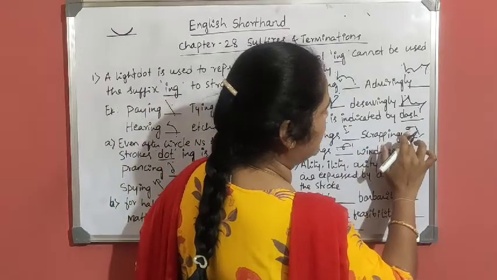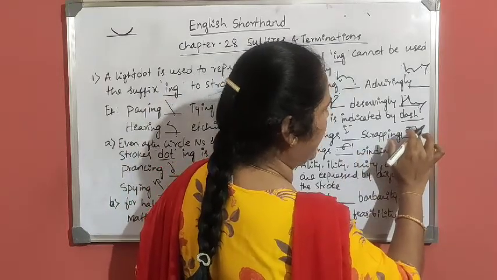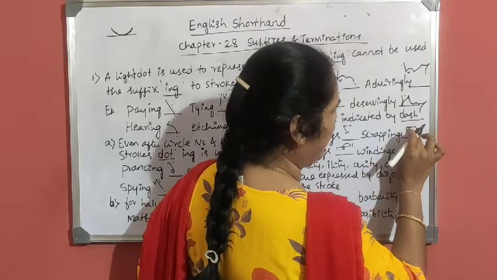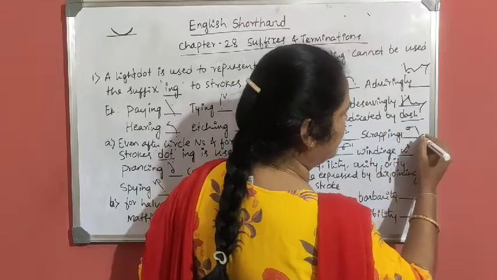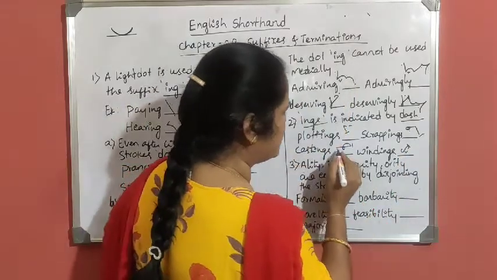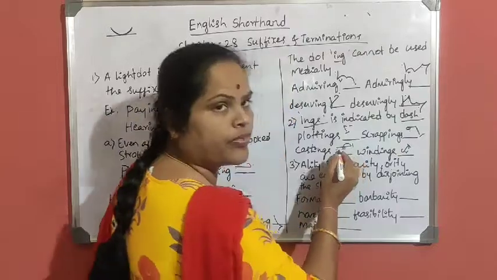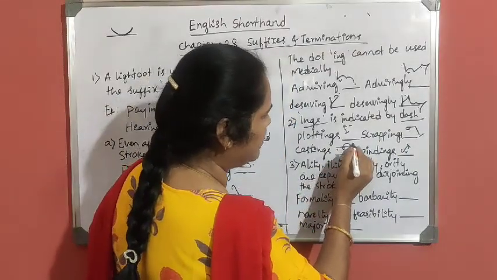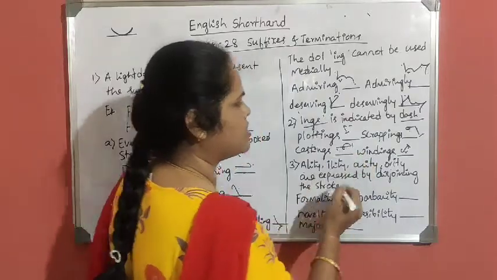Scrappings. Circle is K, P. Circle is K. This also includes R hook. Circle is K, R hook, P. Here one dash I wrote, this indicates ings. Then castings, K, steel loop, circle S, here one A vowel, then one dash, this castings.